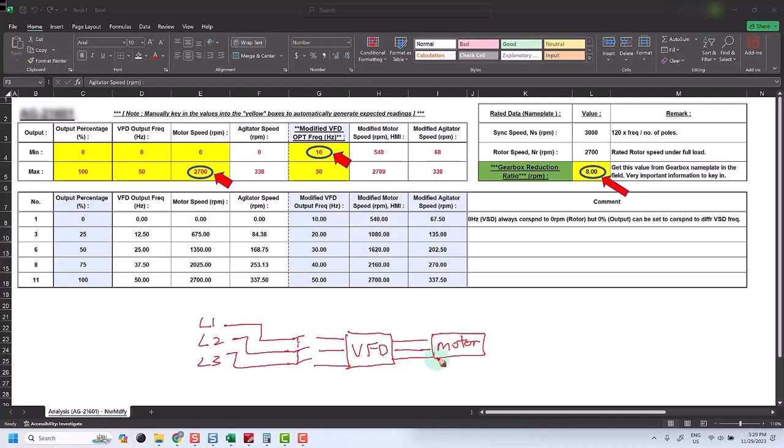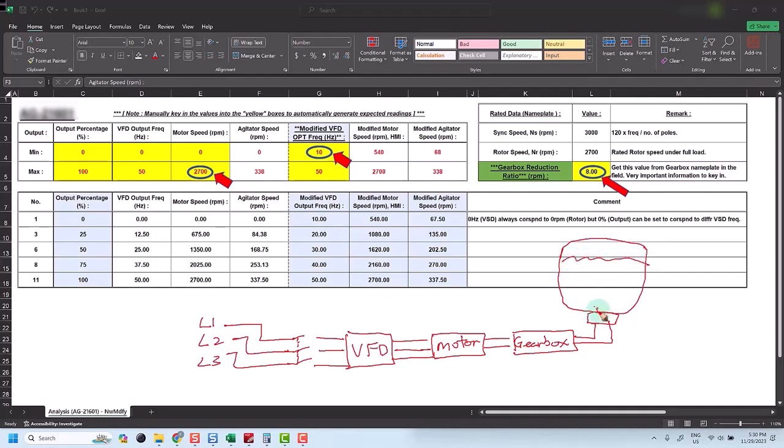Alright, okay. And then this motor will drive a gearbox. And then this gearbox will drive the agitator inside a tank. This is a tank filled up with water.